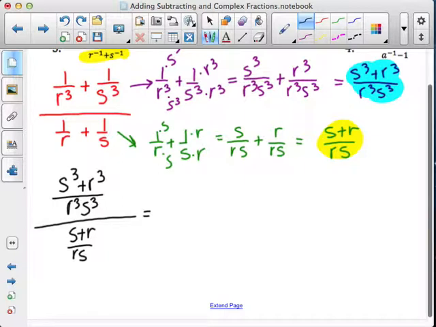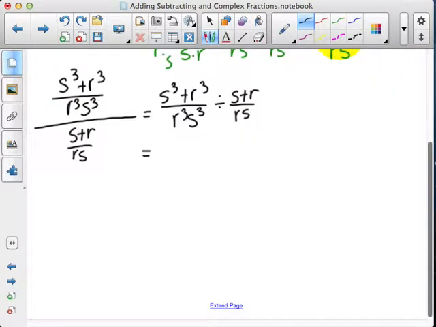Now that's the same thing as s cubed plus r cubed divided by r cubed s cubed divided by s plus r over rs. Now I'm going to multiply by the reciprocal. So this becomes s cubed plus r cubed divided by r cubed s cubed times rs over s plus r.